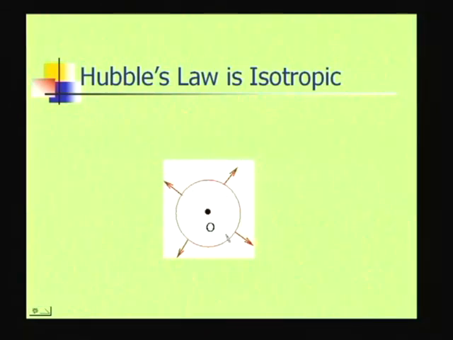It is going to be moving radially outwards. So, Hubble's law is isotropic. It is the same irrespective of the direction. Whichever direction the observer sitting over here sees, he will see the same law of expansion. The galaxy will be moving radially outwards. So, Hubble's law is isotropic.